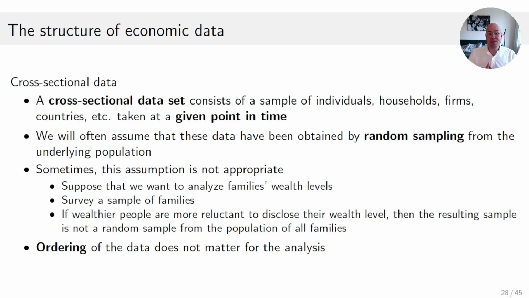Sometimes, however, this assumption is not appropriate. So, for instance, suppose that we want to analyze families' wealth levels. So, you survey a sample of families, but if wealthier people are more reluctant to disclose their wealth level, then the resulting sample is not a random sample from the population of all families, because these wealthier people are going to be what we call undersampled.